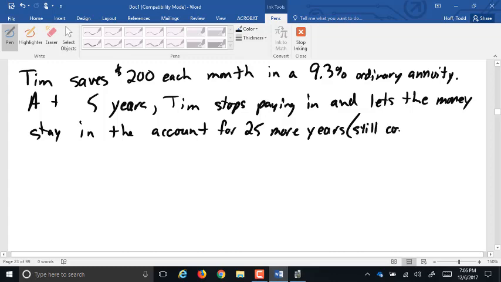It'll still compound monthly. Find the ending balance.